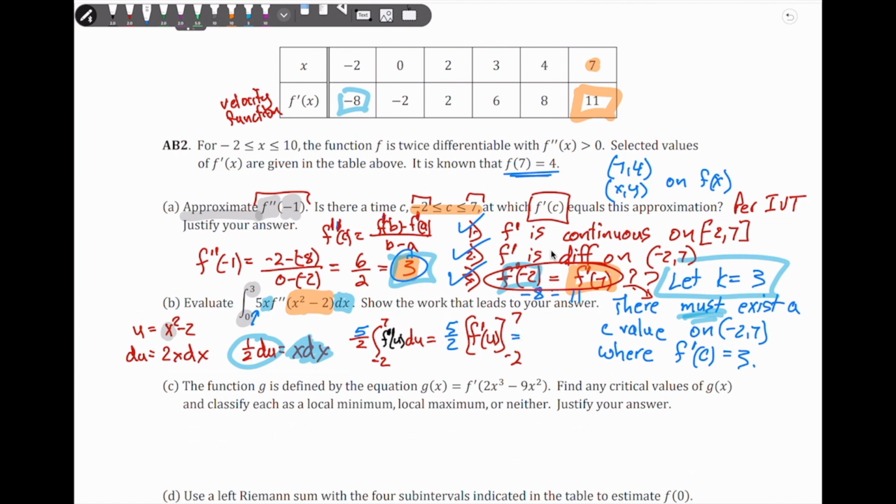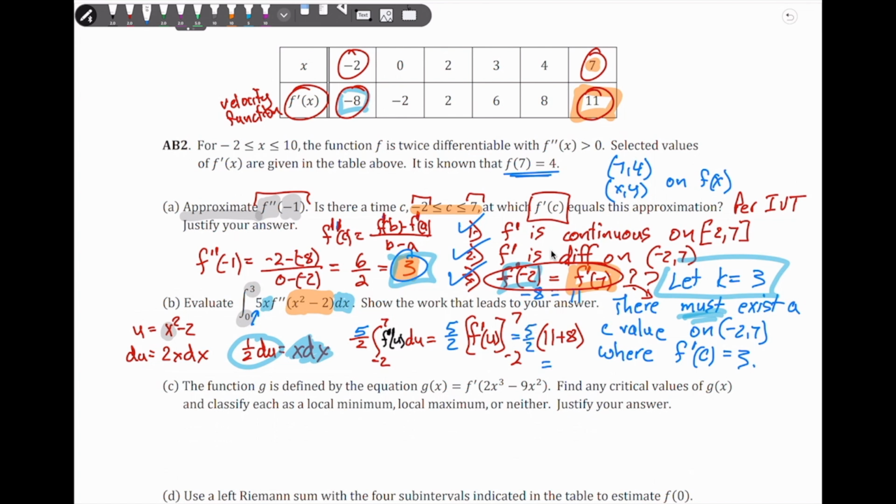Okay, so this is going to become, per the first fundamental theorem, f prime of 7, which is 11, minus f prime at negative 2. So f prime at negative 2 is a negative 8. So if I'm subtracting a negative 8, it's simply going to be adding the 8. So that we have 19, and then we're going to multiply that by this 5/2 that was out in front.